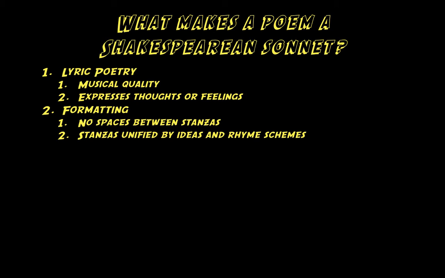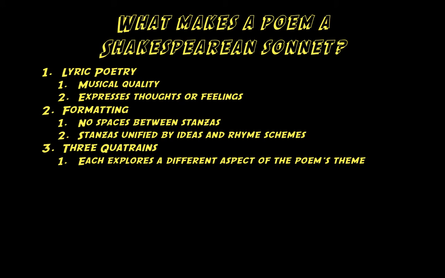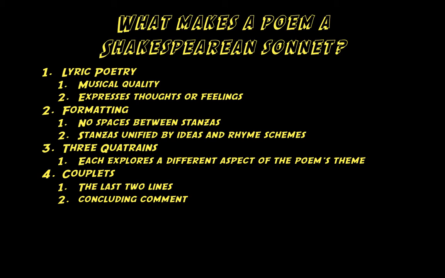Stanzas are unified by ideas and rhyme schemes. There are 3 quatrains. Each explores a different aspect of the poem's theme. Then we have couplets. Those are the last 2 lines, and they're concluding comments. They conclude all of the ideas being built throughout the rest of the poem. Then we have the rhyme scheme, which consists of AB, AB, CD, CD, EF, EF, GG.